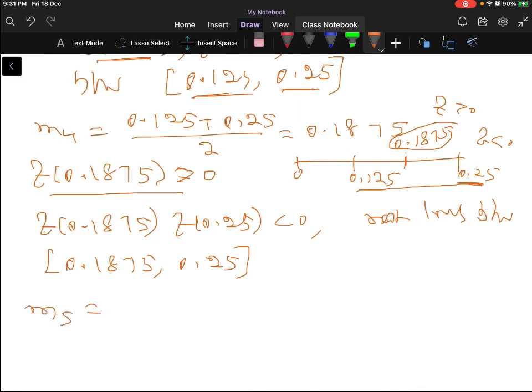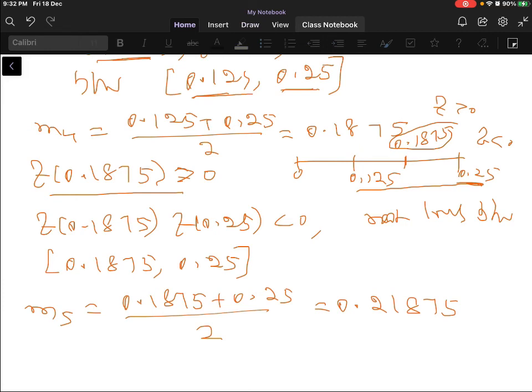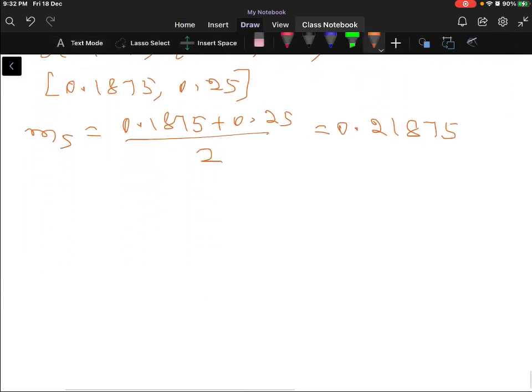So again we bisect the interval, we get m5, that is (0.1875 + 0.25)/2. We get 0.21875. We find f(0.21875). This is negative.